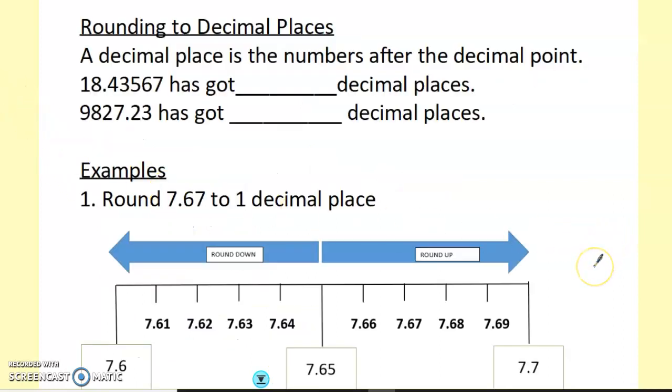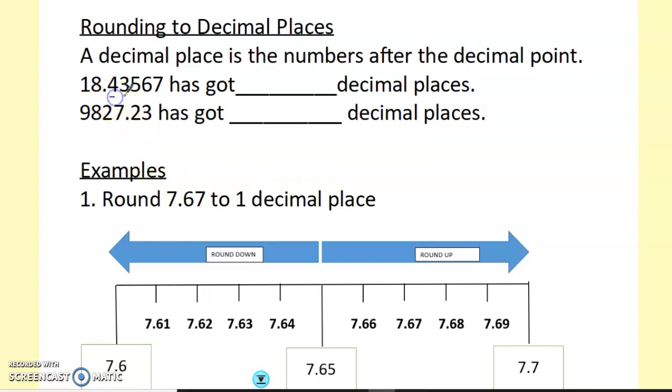Okay, the part that we're interested in then, this is the part that we're going to spend most of our time practicing. We're going to look at rounding to decimal places. Now, a decimal place is how many numbers you have after the point. So if we look at this first one, we've got 18.43567.